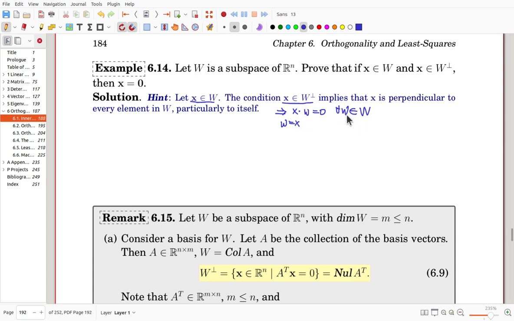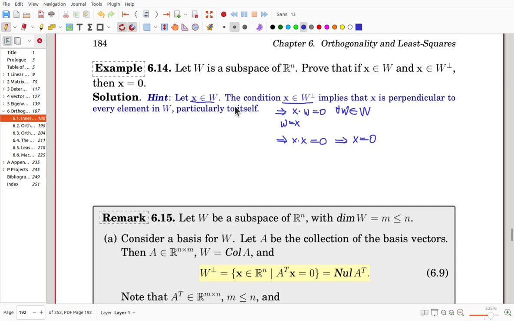Then this equation becomes x dot x equals 0. This implies that x is 0. So once x is in both W and W perp, then it must be the 0 vector.